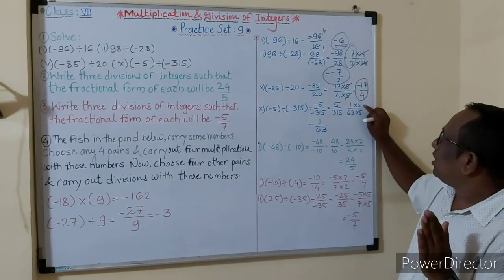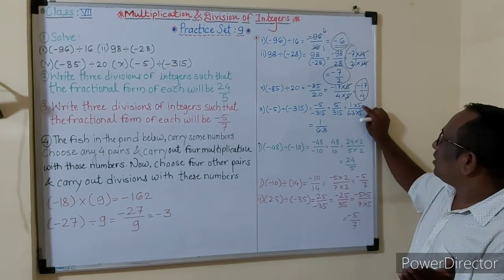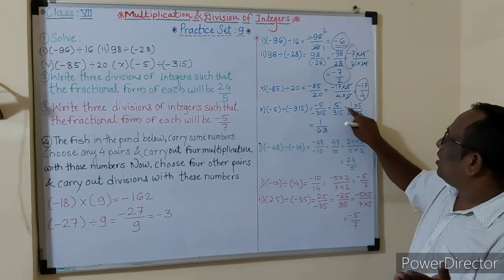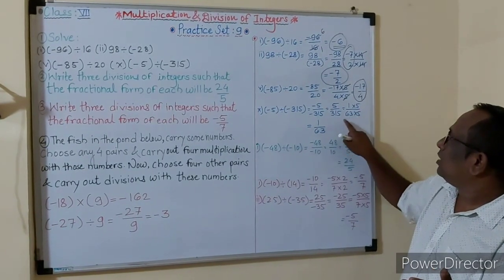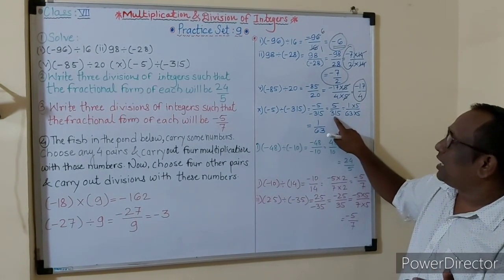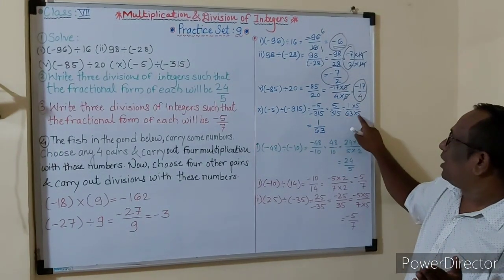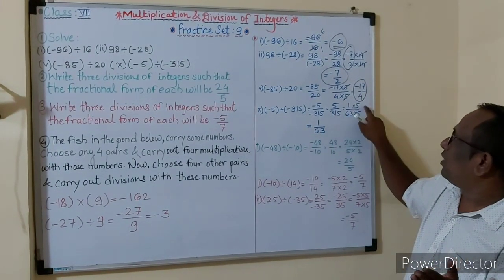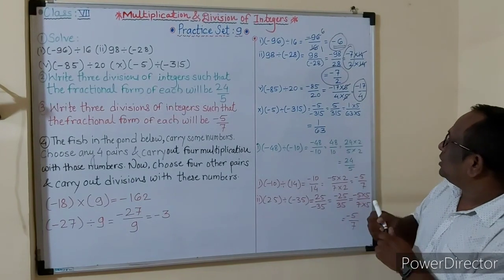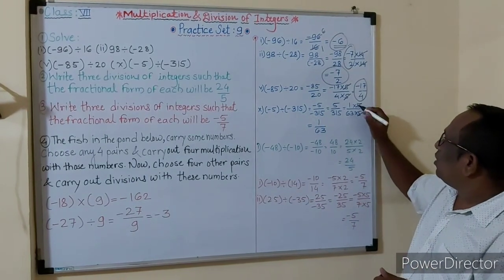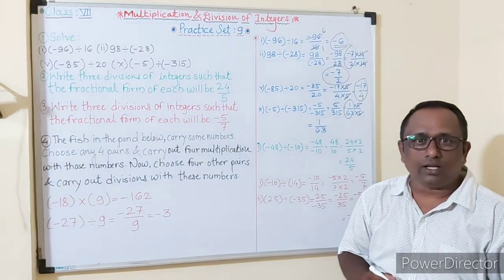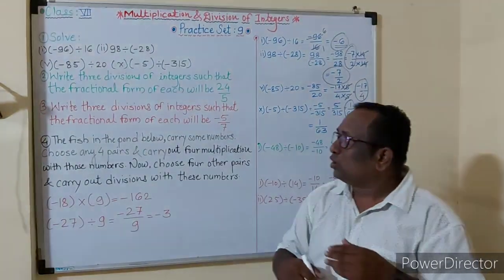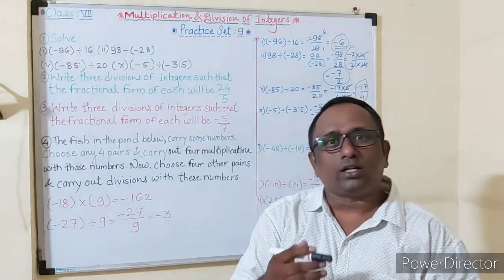So here 5, 5 1s are 5, and 5 multiplied by 63 gives 315. 63 5s are 315, 1 5 is 5. So this 5 gets cancelled. We got the answer 1 upon 63. You try to solve the example, students, then you will get the idea.